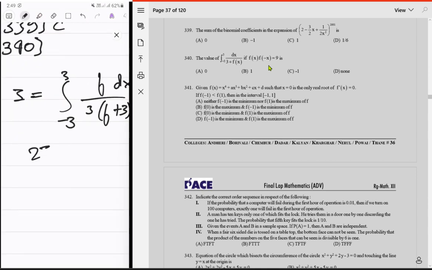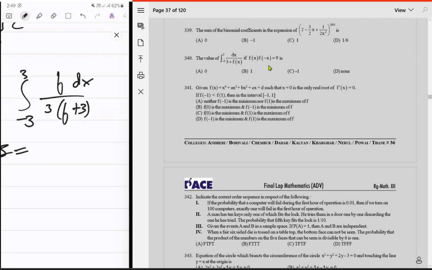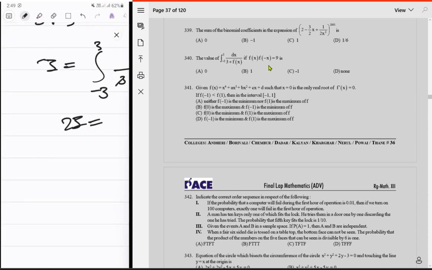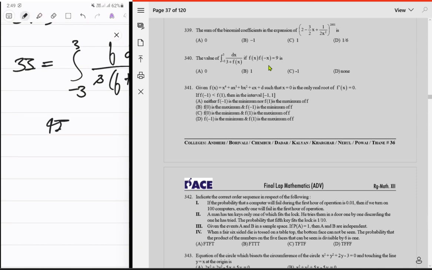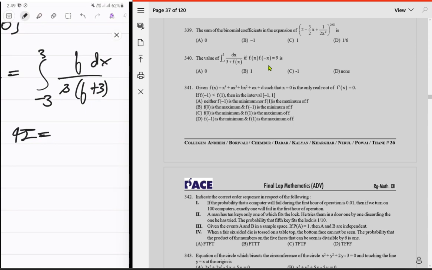So 2I, I told you how that works, right? Wait, what do I do with the 3 in the denominator in that case? That's problematic. Okay, then let's take this 3 a bit differently. So like 4I. Yeah, that makes sense. That's 4I. That is right. That's just equal to the integral of 1 dx. Okay, fine. Just 6. So I is equal to 3 upon 2. That's our answer.